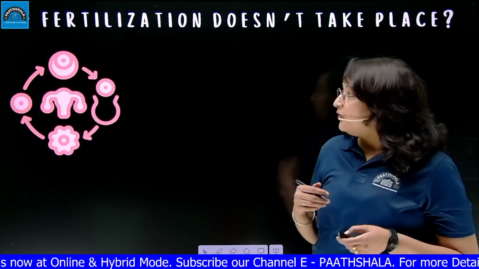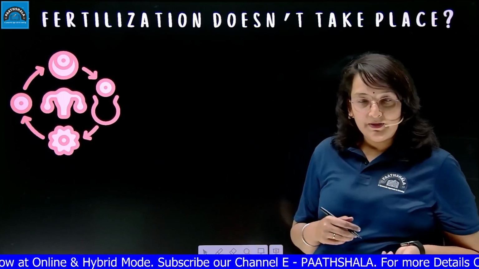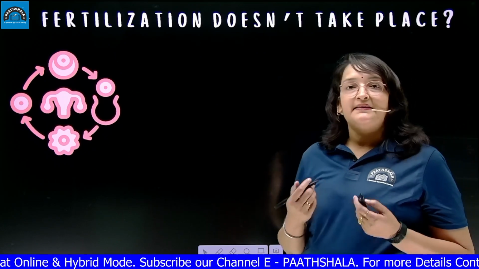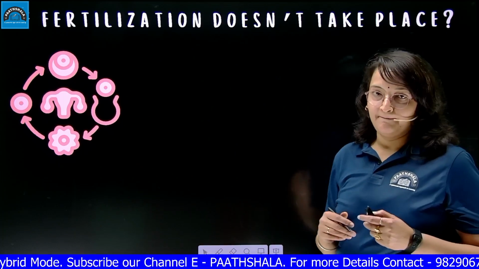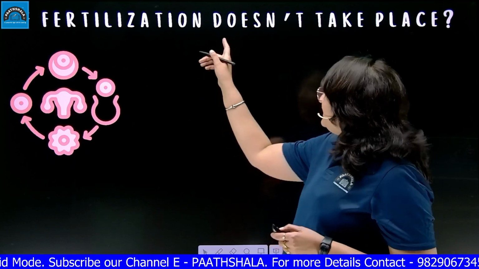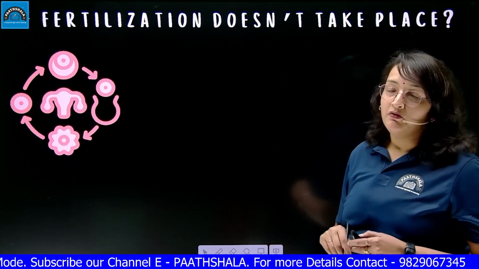When ovum and sperm fertilize, they form the zygote. Zygote will develop into embryo, and embryo will develop into fetus, and finally after 9 months, the fetus will develop into a complete baby. But if fertilization does not occur, then what happens?